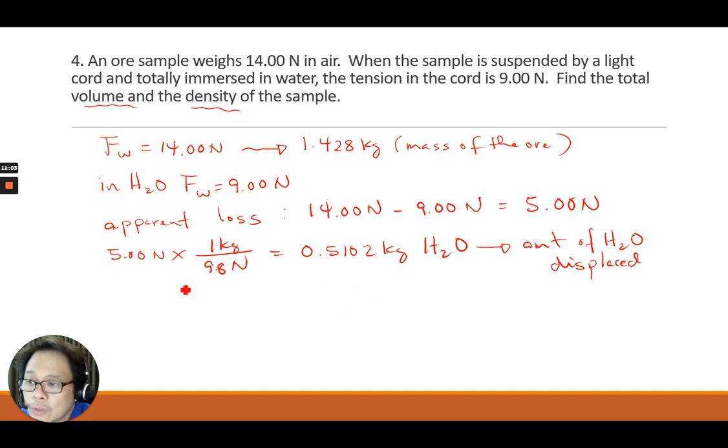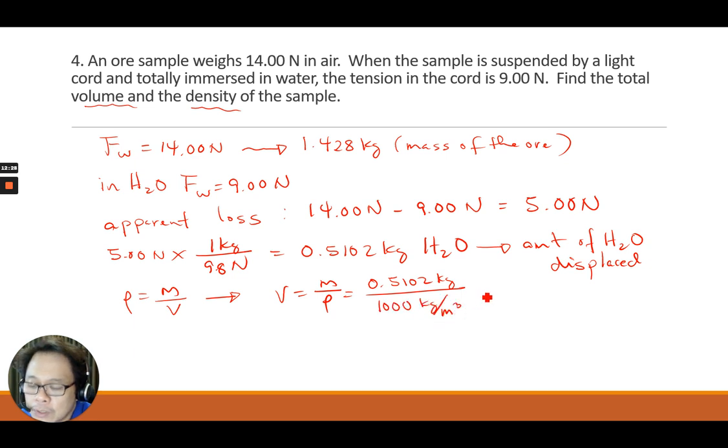And whatever is the volume of the water displaced, that is the volume of the ore. So we use the equation density is equal to mass divided by volume to compute for the volume of water displaced. So this will end up as V is equal to mass divided by the density. The mass of water displaced is 0.5102 kilograms. The density of water is 1000 kilogram per cubic meter. This will give us 5.102 times 10 raised to negative 4 cubic meter.